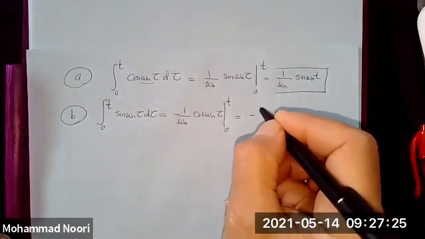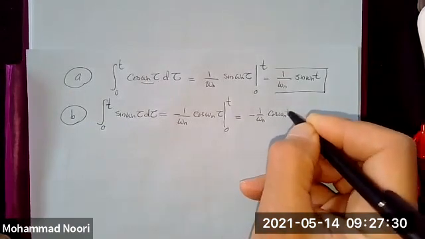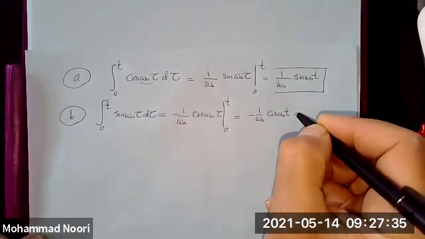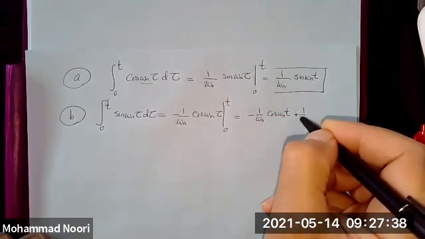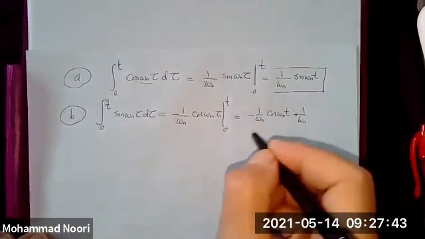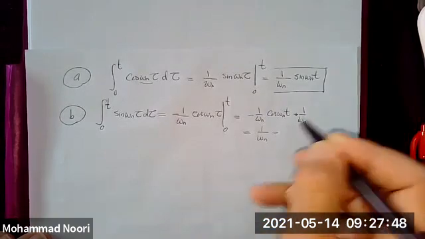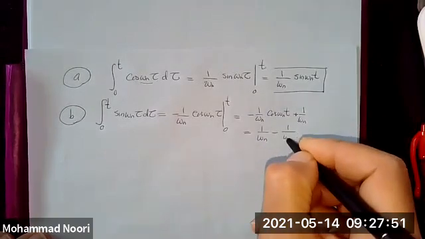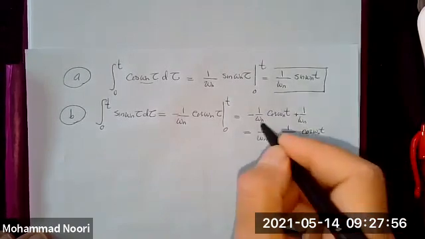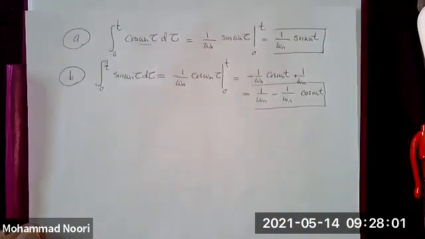You have negative 1 over omega n cosine of omega n t minus minus, of course, would be plus 1 over omega n cosine of 0, which is 1. So this would be 1 over omega n, I rewrite it this way, minus 1 over omega n cosine of omega n t. So that's the first two integrals.